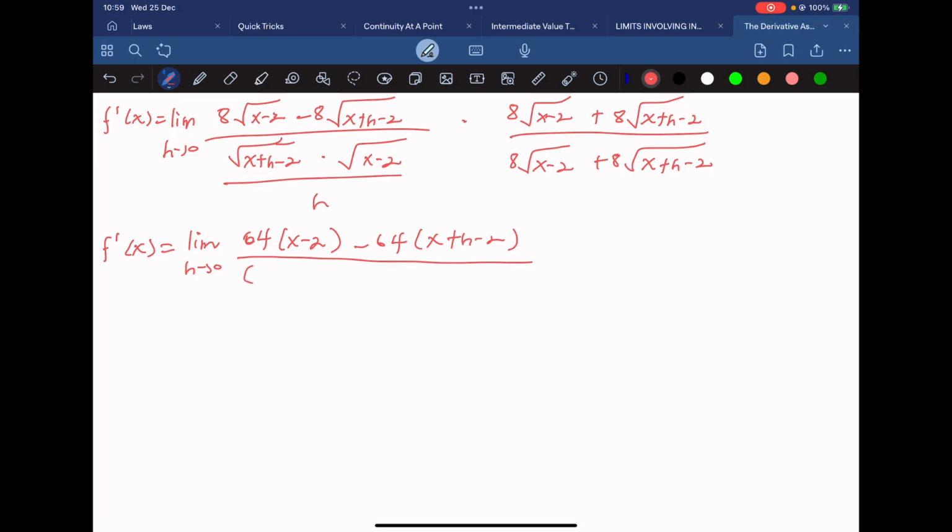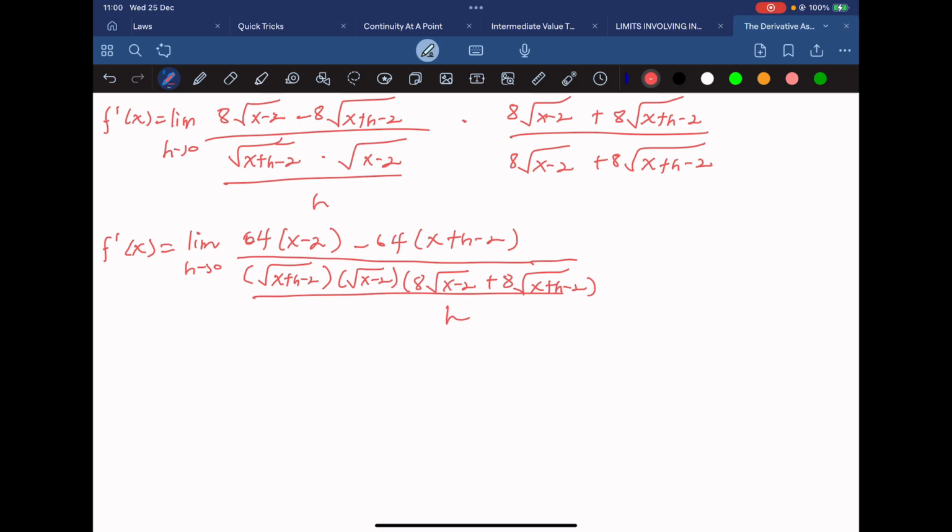So in this case, we have h times root of x minus 2, and also 8 root of x minus 2 plus 8 root of x plus h minus 2. I hope this is clear enough. Then everything over h.